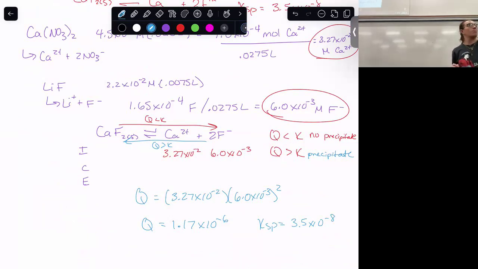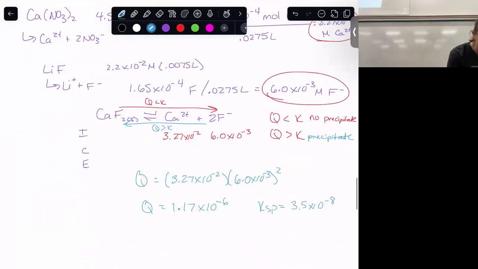So in this case, Q is greater than K. So we have to go towards reactants, which in this case is your solid. So a precipitate forms.